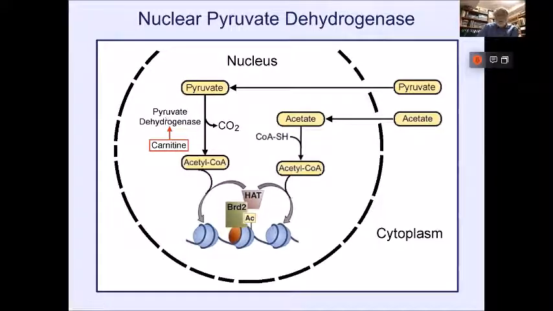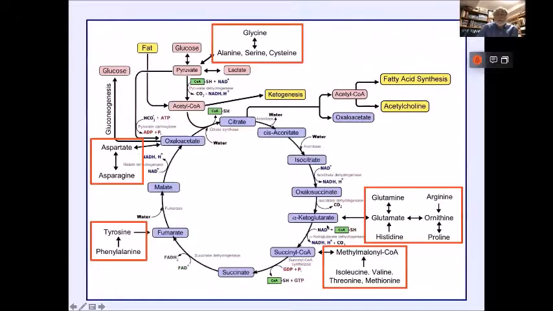It's the same protein that's in the mitochondria, it just gets into the nucleus as well. Giving carnitine would increase the activity of that, increase the acetyl-CoA, and therefore increase acetylation of histones. So by one mechanism or the other, carnitine makes a big difference.